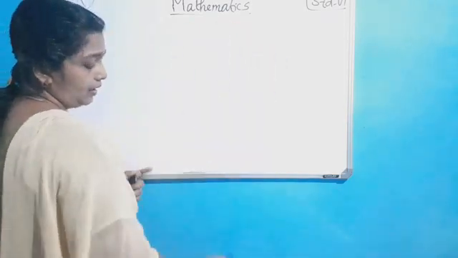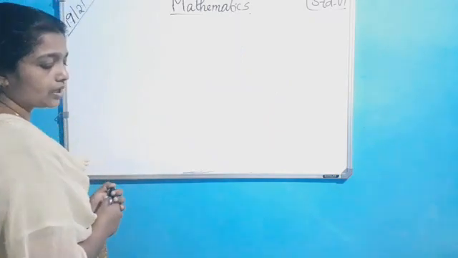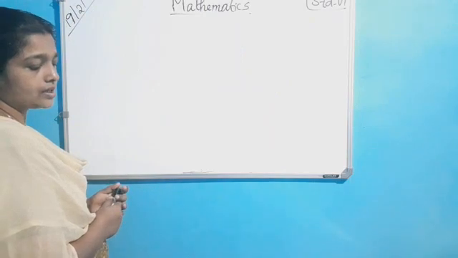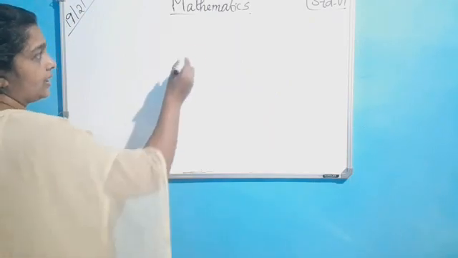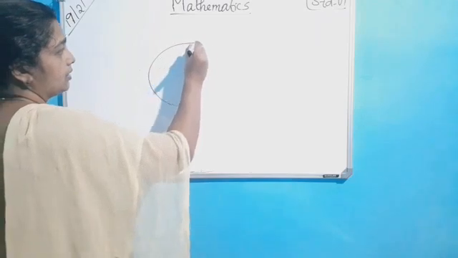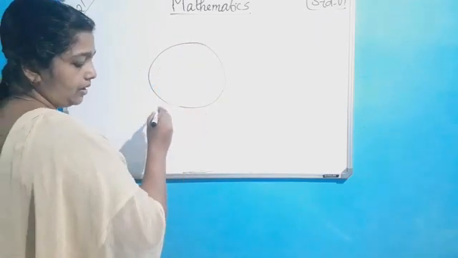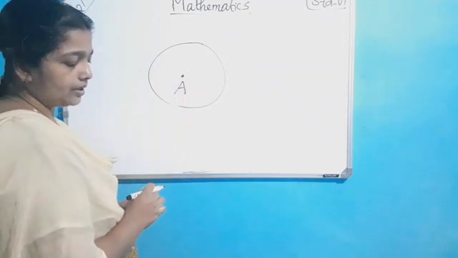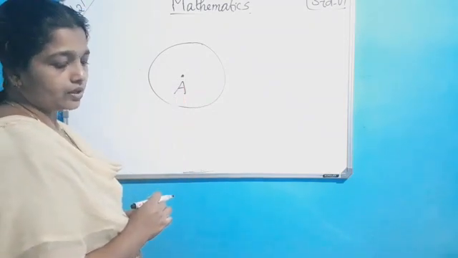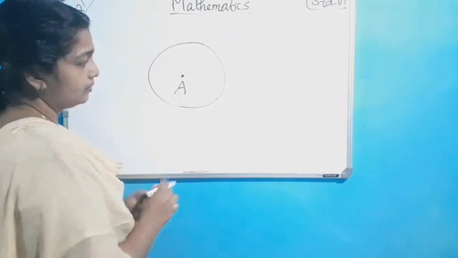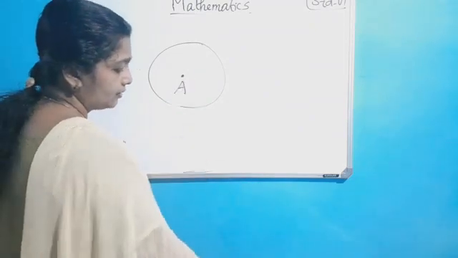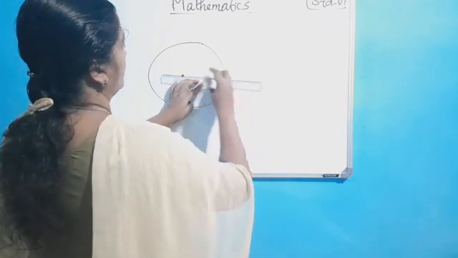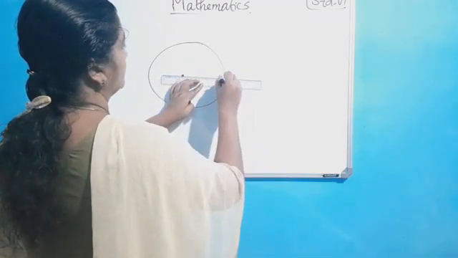Next one. Let A and B be the centers of two circles of equal radii. Draw them so that each one of them passes through the center of the other. First we draw using any radius. Then A is the center of this circle. A, B are the centers of two circles of equal radius. Then take the scale and mark the point here. Understand?